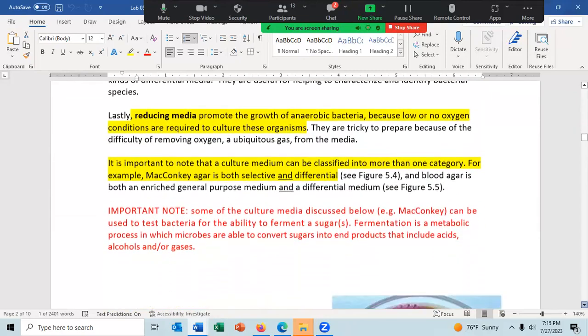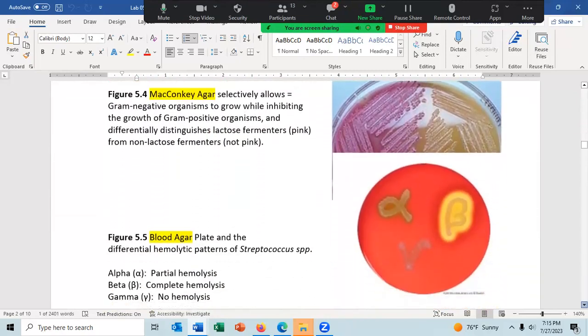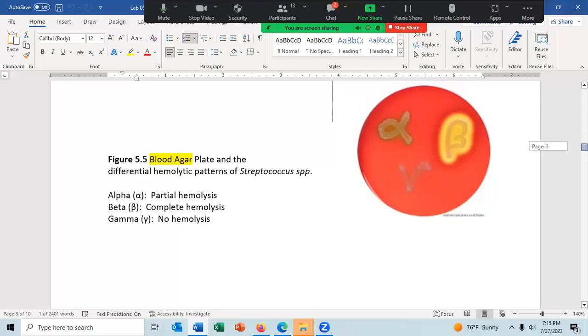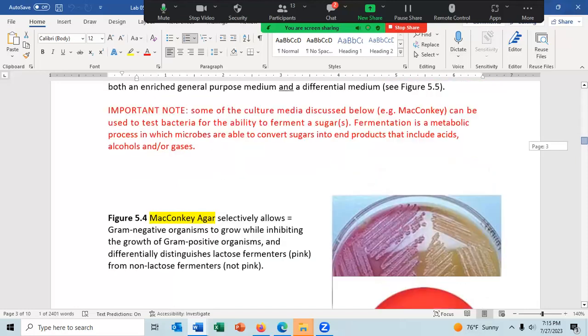One media, which is differential, is blood agar. And here you can see three different growths showing three different characteristics. And we'll talk about that in a little bit. The point is blood agar can be differential.